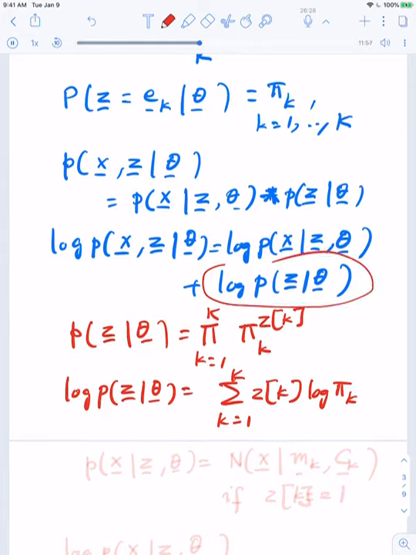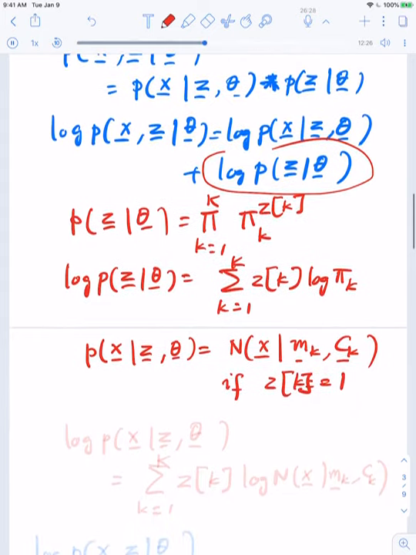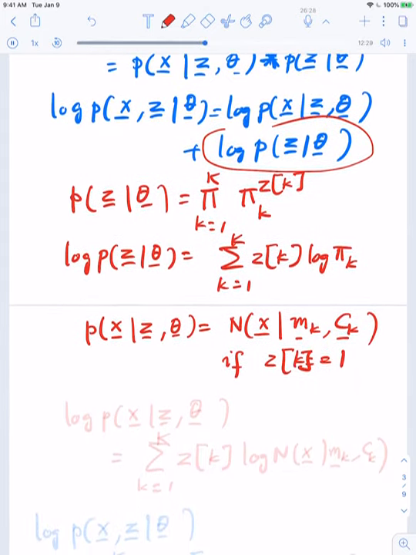Now let's go to the first term. What's that? Well, p of x given z and theta is basically equal to the Gaussian density with parameters m_k and C_k if z_k is equal to 1, and exactly one of these z_k's can be 1 at a given time, right?